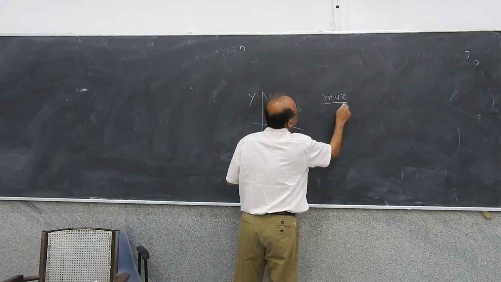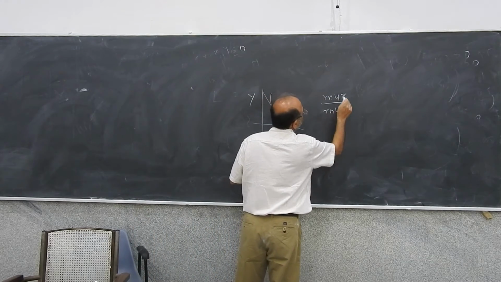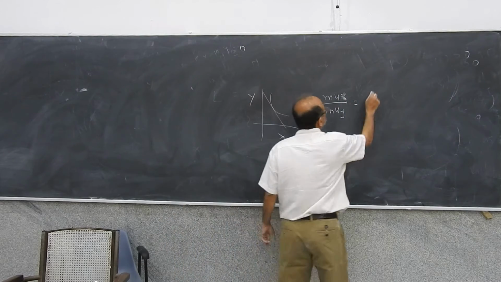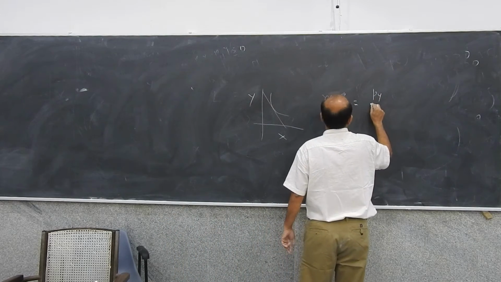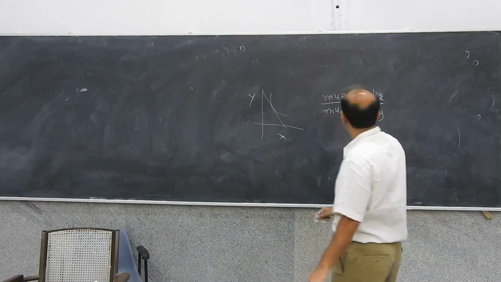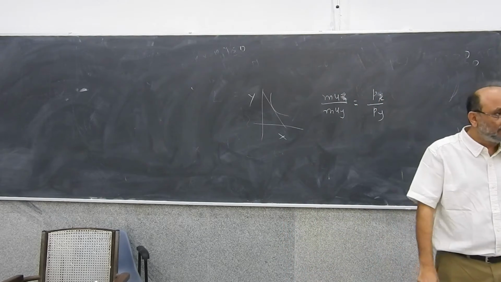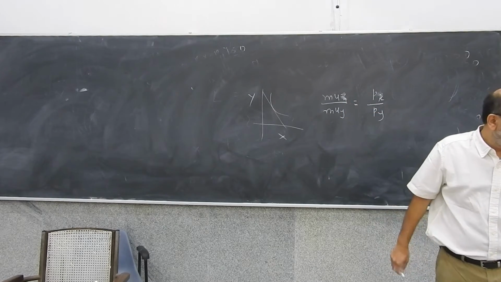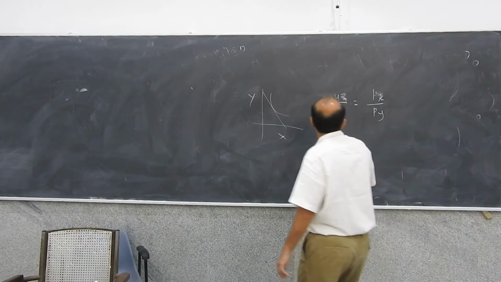Equilibrium requires MUX by MUY equal to the slope, PX by PY. This is the equilibrium condition, budget line and all that.